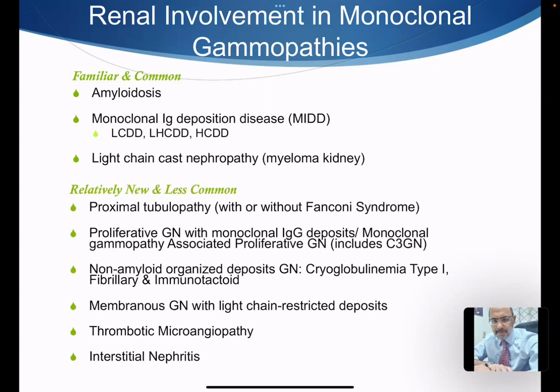There are relatively new, but less common types, but they occur, and we should be aware of them, like the proximal tubulopathy, whether with or without a Fanconi syndrome, and you would often see a patient with hypouricemia and maybe even hypophosphatemia, and some leakage of the tubules related to these proximal LCPT or light chain proximal tubulopathy.